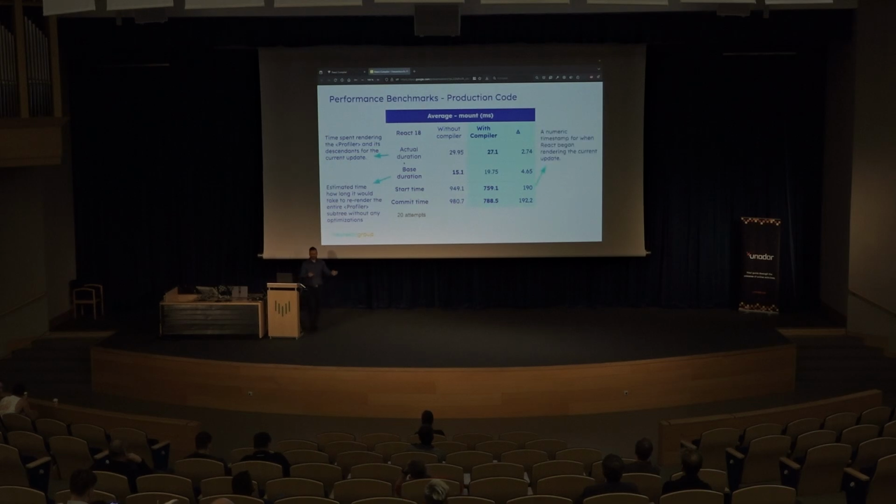And start time is just a timestamp for when React started the current update, and the commit time is when the current update has ended. You can see I tried it on 20 attempts.